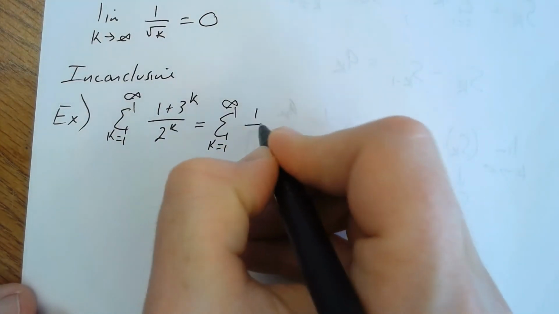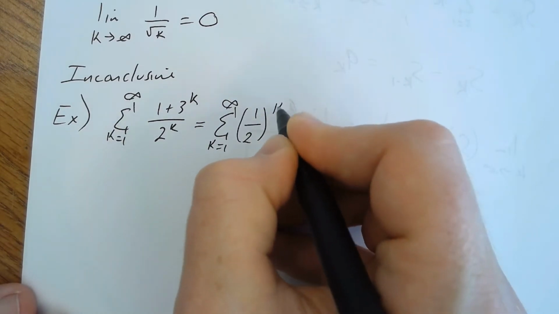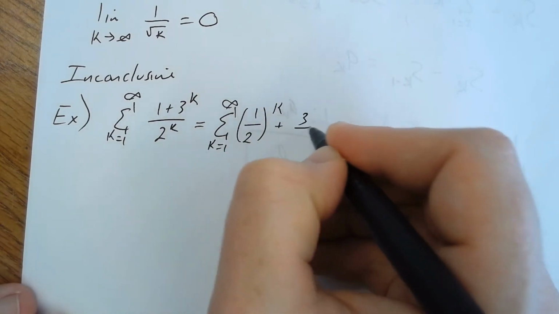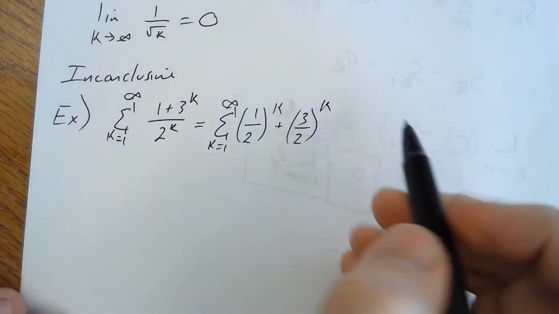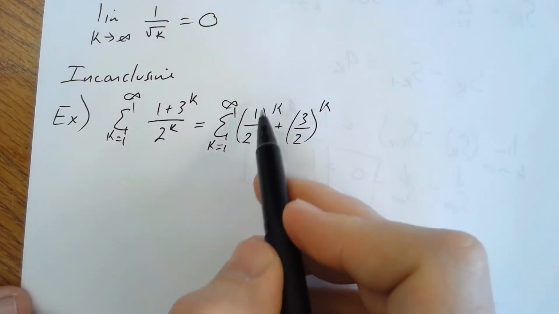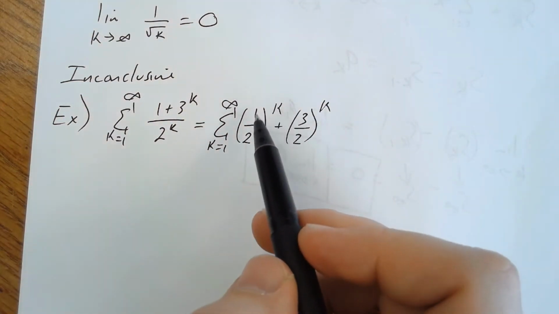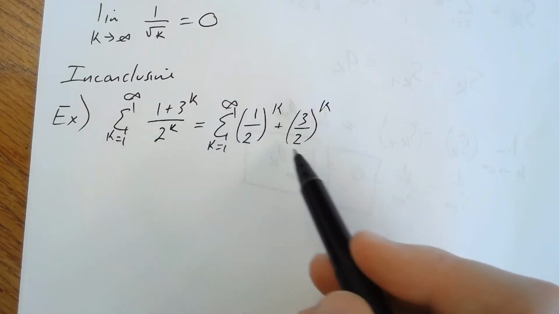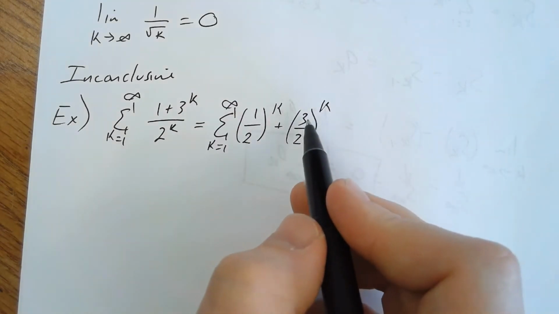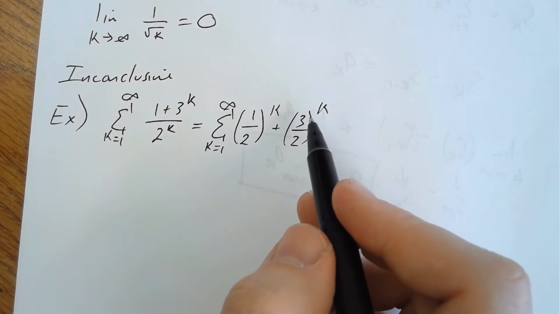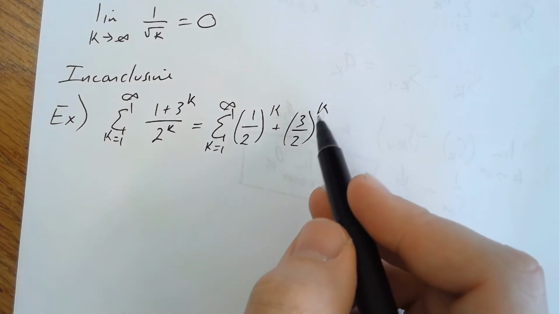And if I manipulate this using my geometric properties, what I'm going to conclude here is that this one is definitely a convergent geometric series because my r value is 1/2, but this one is not. This one is actually a divergent geometric series with 3/2 as my r value.